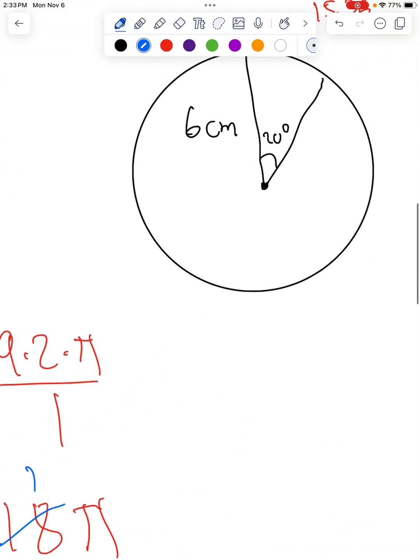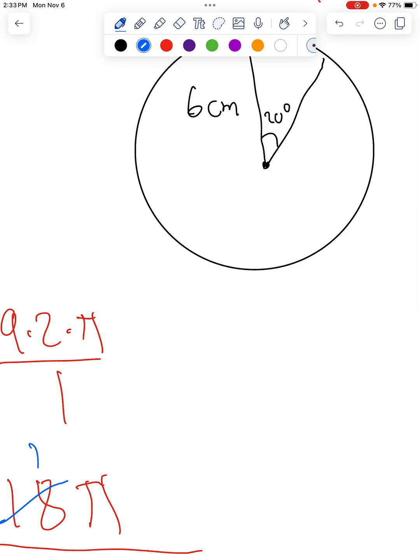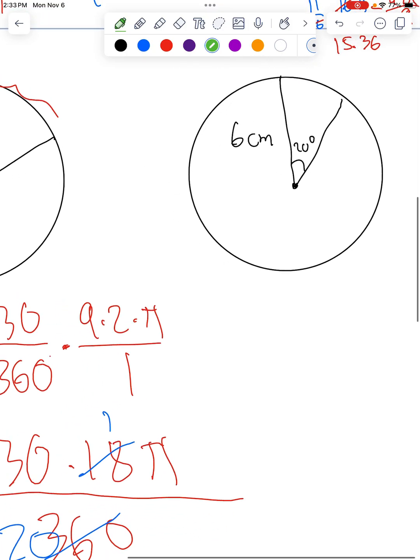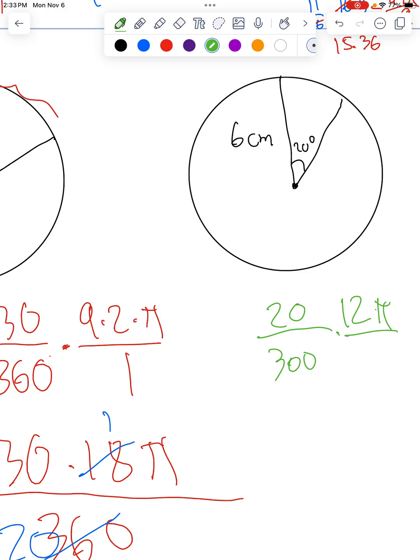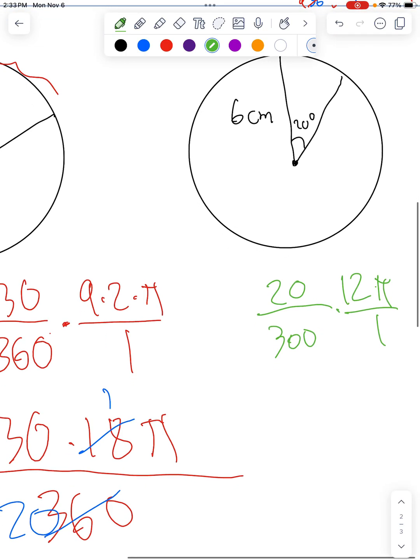All right, last example. Again, set it up on your own. Try it first. I'm just going to do 6 times 2 right away. Set it up. All right, look to simplify. What can we simplify? I bet we could divide right here by 20. This becomes a 1. 300 divided by 20 is 15.